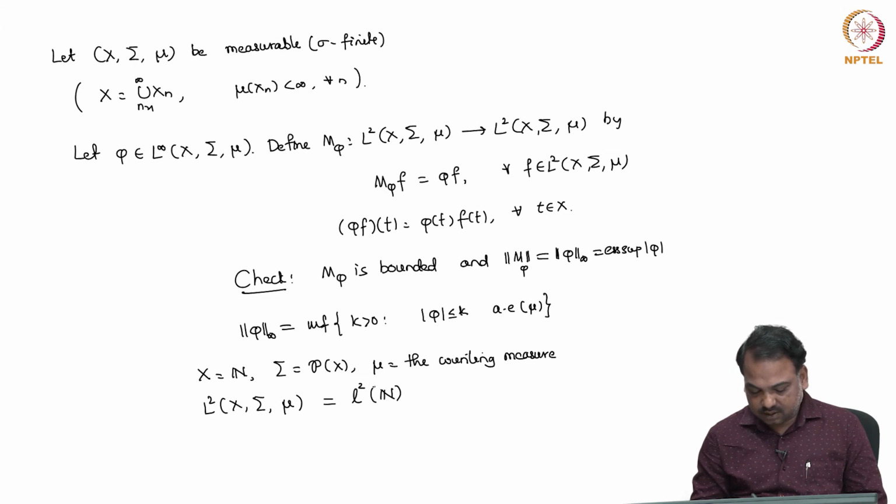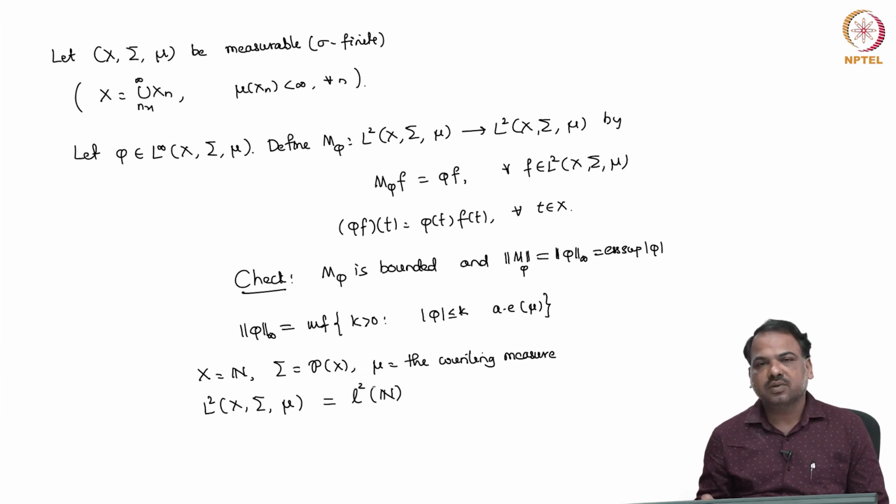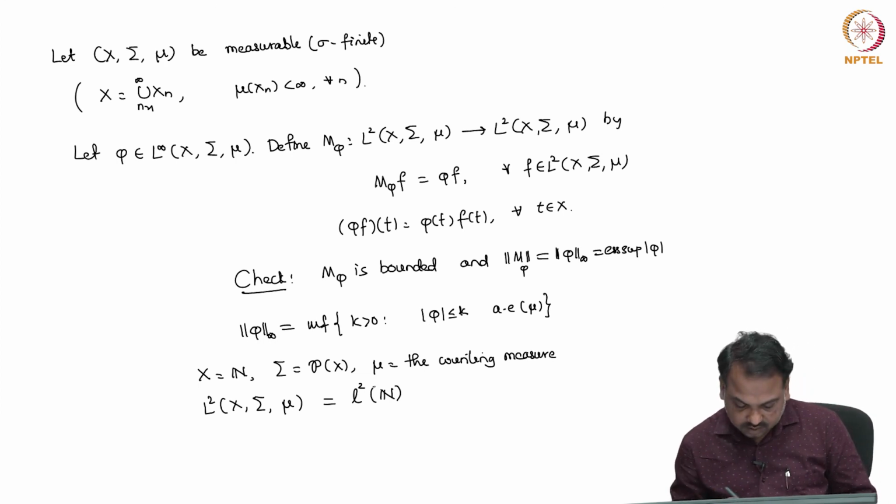In this case, capital L2 of X, sigma, mu is equivalence classes of functions, whereas L2 of N is exactly sequences, functions from natural numbers N into C. Here each equivalence class contains only a single element, hence these are the usual sequences.